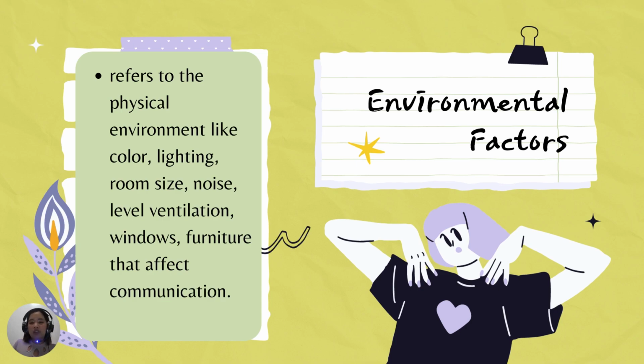The environmental factors are the following: the color, the lighting, the room size, the noise level, ventilation, windows, and furniture that affect communication. These factors help in making meaning, and of course the barrier itself also hinders effective communication.